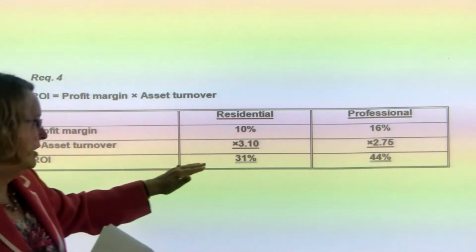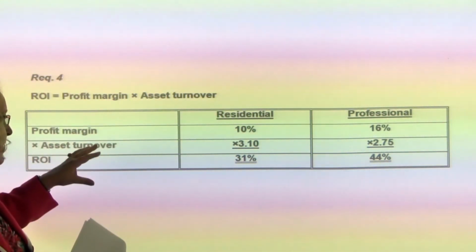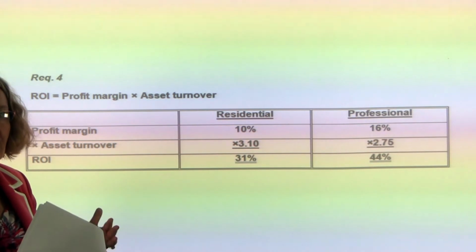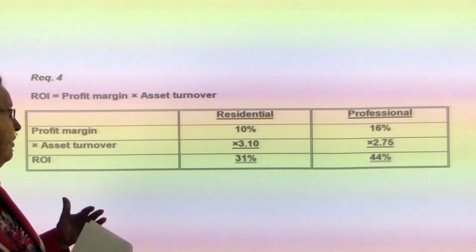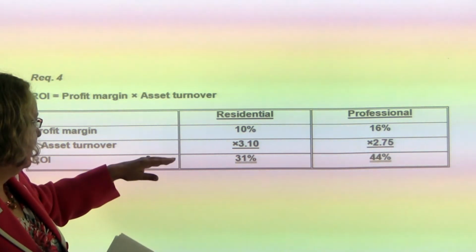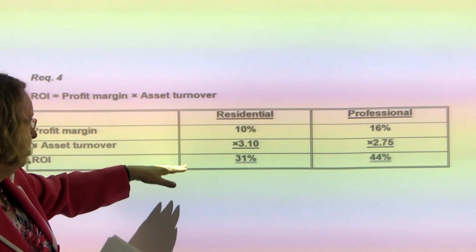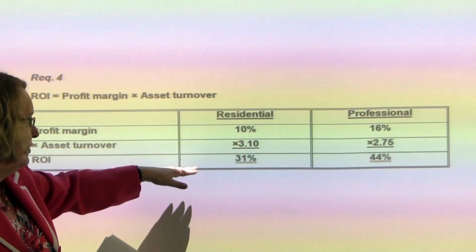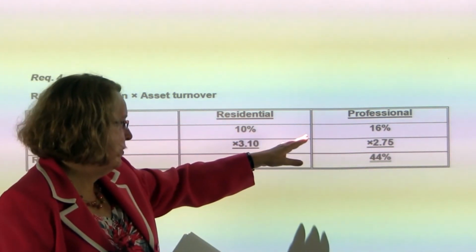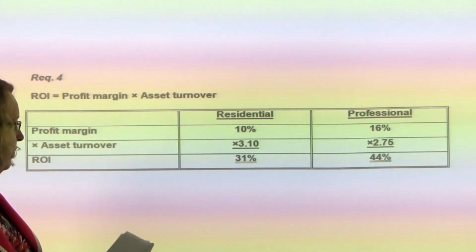You're still going to end up with the same return on investment, but what this formula is doing, it's allowing you to see where the return on investment is actually being generated from. So here you see the profit margin for residential is 10%, and the asset turnover is 3.10, so multiply these two to get 31%. And professional, profit margin 16% times your 2.75 to come up with 44%.